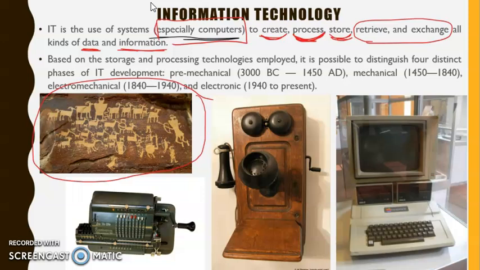I'm not saying that these things are not being used now. Of course, still we are using mechanical things, still we are using electromechanical things, but they are not the dominant way of application these days. So we have 4 eras, as you can see: 3000 BC to 1450 AD, the first one, pre-mechanical.